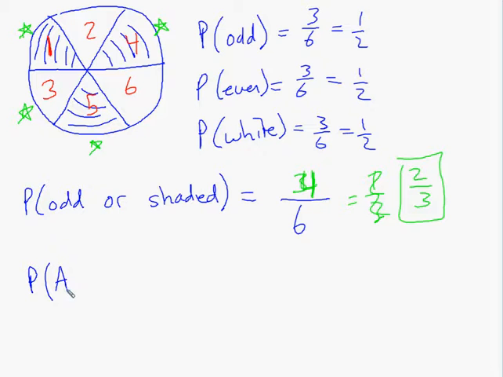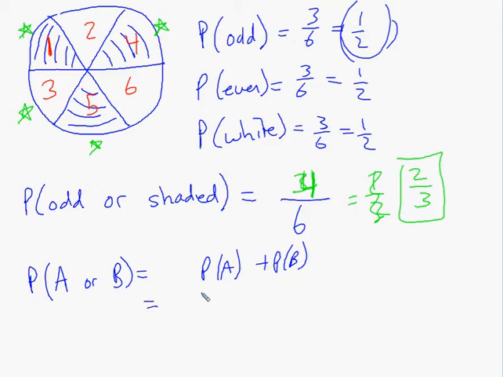So let's use the formula. Now the formula of probability of A or B that I gave you says probability of A plus the probability of B. Well, what's the probability of event A? Well, that we have an odd number, which we've calculated is 1/2. Just for ease, I'll say 3/6 so that we have like denominators.